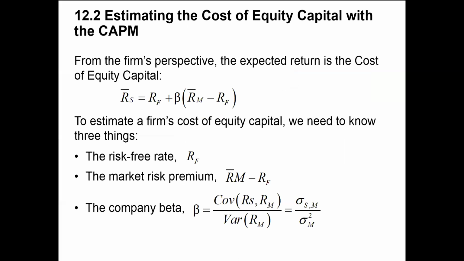All right. So how do we get the cost of equity capital? There are two different approaches to get the cost of equity capital. The first one is the dividend growth model approach. We already learned about the DGM approach, so we can use the DGM approach to get the cost of equity capital.